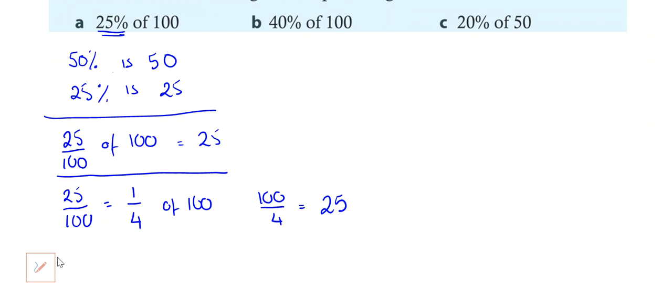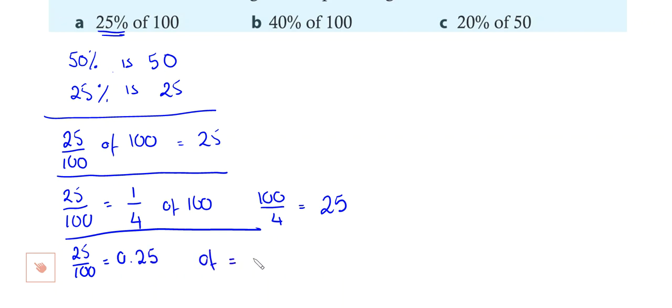Another way we could think about this, the word of is multiply. This is a bit that you're going to use forevermore once you get to grips with it. 25 out of 100 is the same thing as 0.25. The word of is the same thing as multiply in maths, isn't it?